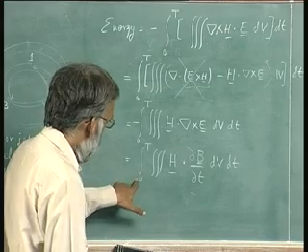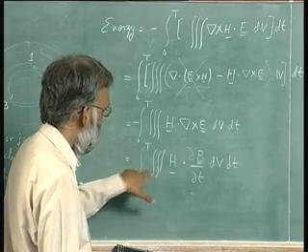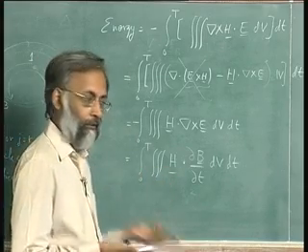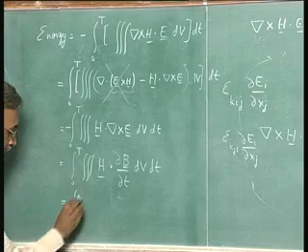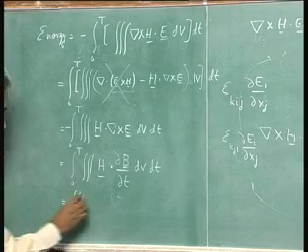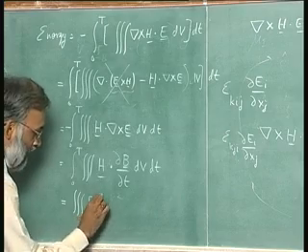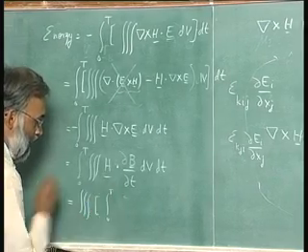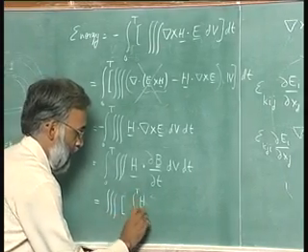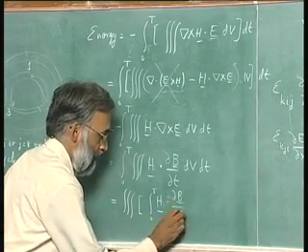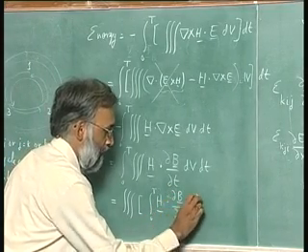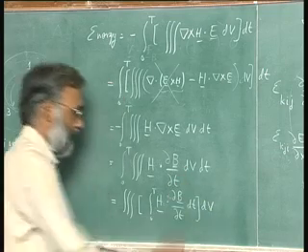Now, I will take this time integration inside the space integration, because it does not matter which way I do it. So, I will get integral over all space of integral in time h dot del B del t dt dV.